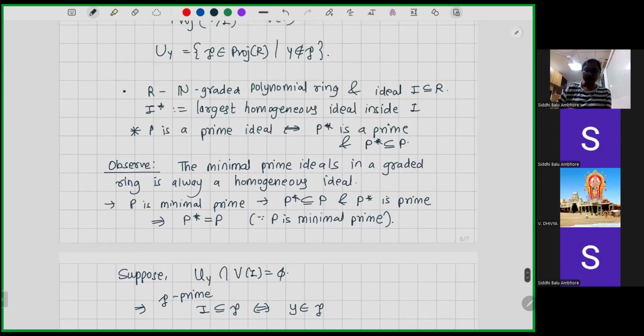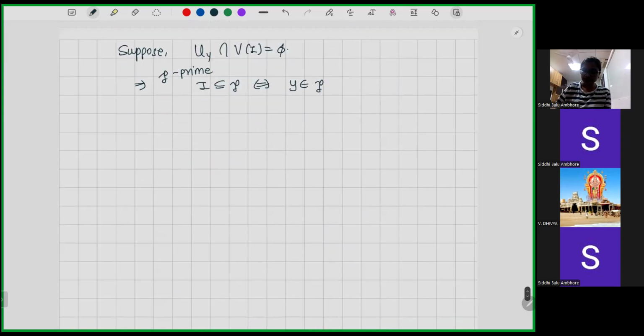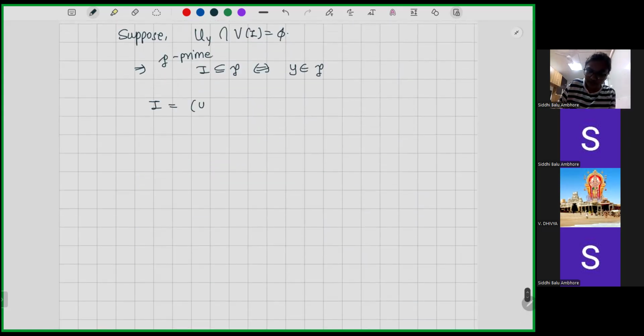Okay, but what is my I? My I is YW minus XZ. So note that what are the minimal primes of this I? I want to talk about the homogeneous prime ideals.